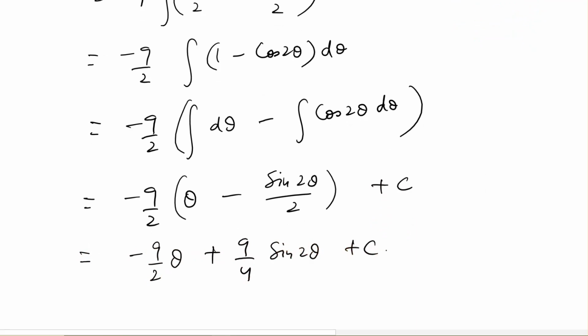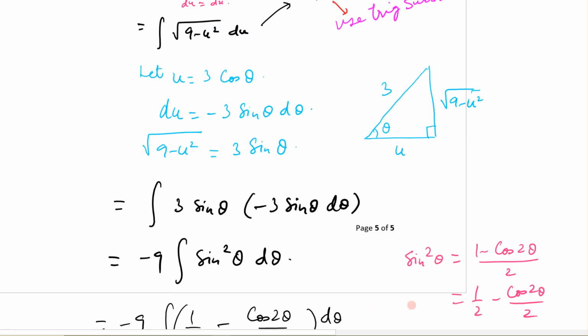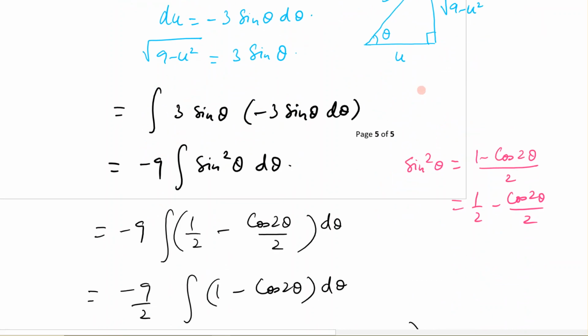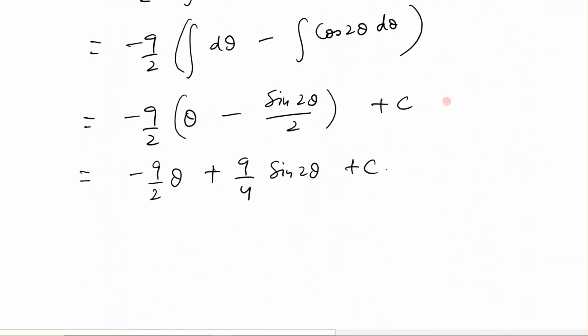So don't forget, in the end, we need to plug back everything in terms of original variable, which was x. So since we did the substitution twice here, u equals to this, and then we had x before, we have to back substitute twice. So in this case, we get -9 over 2, and we can use our triangle to figure out the value of theta and sine 2 theta.